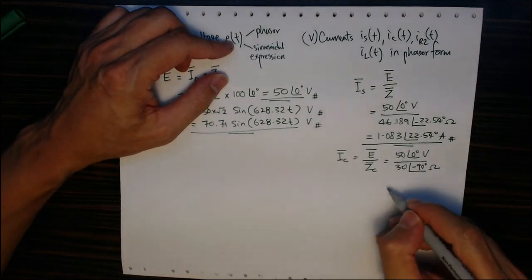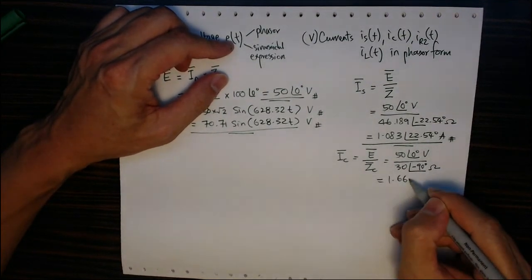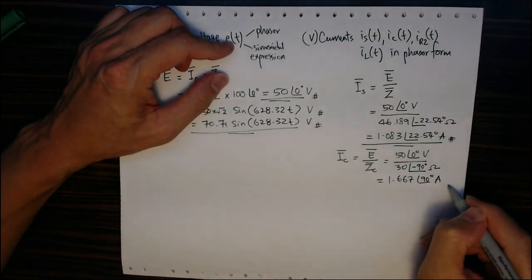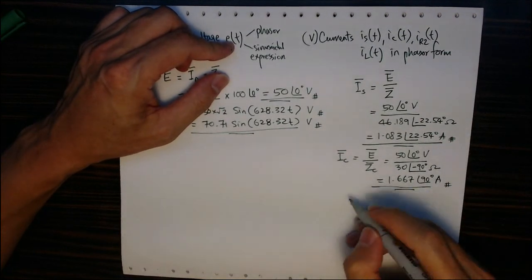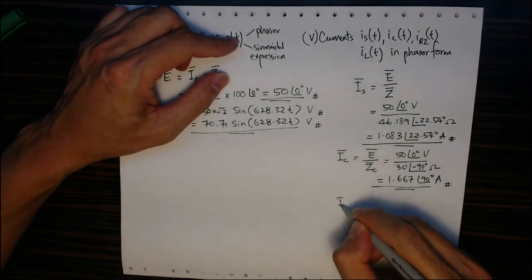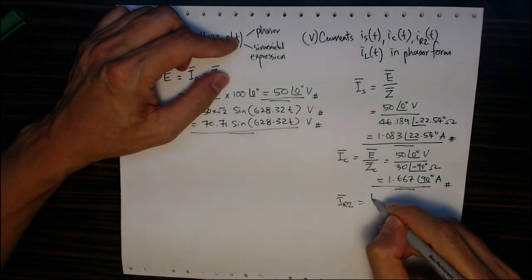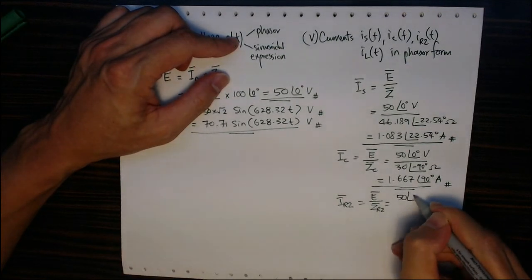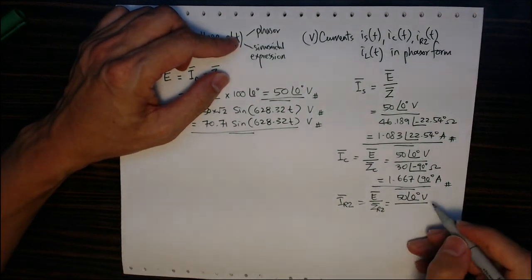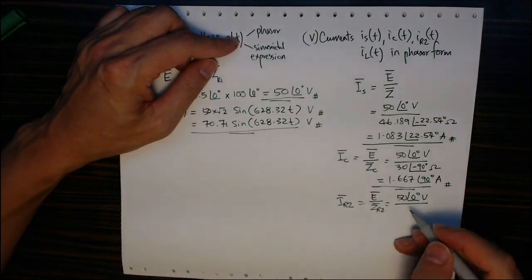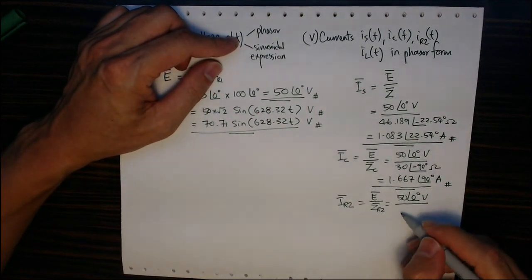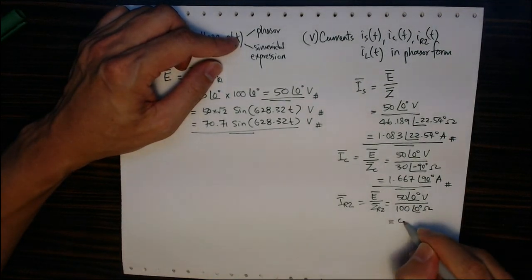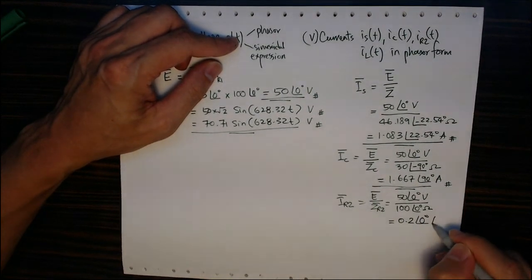So that gives me about 1.667 at an angle of 90 degrees ampere. Next, IR2 is E over ZR2, which is 50 angle 0 volt divided by R2, which is 100 angle 0 ohms. That's 0.5 angle 0 ampere.